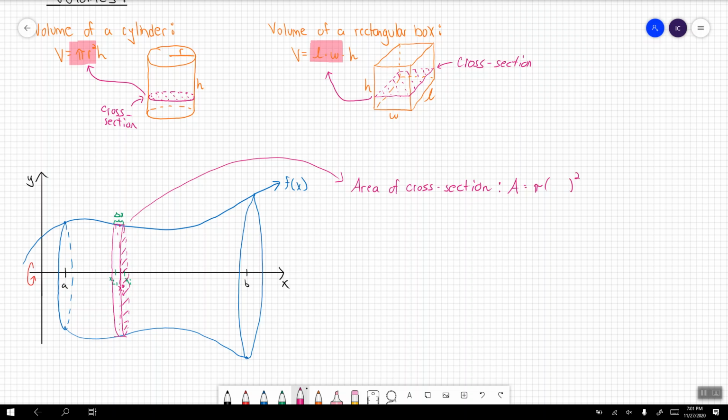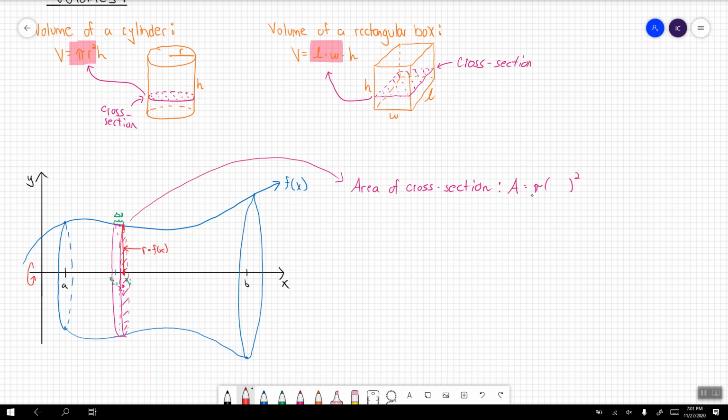But the big question is, what is r? What is the radius for this circular face or for this circular cross section? Well, the radius comes from the center, which is the x-axis, out to the outer portion of that circle, where the outer portion here is going to be the function f of x.